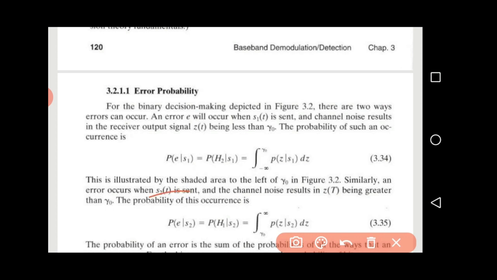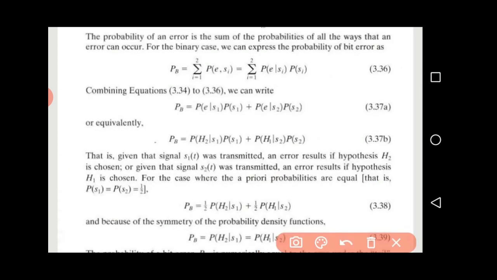Similarly, an error occurs when S2(t) is sent and the channel noise results in Z(T) being greater than gamma 0. The probability of this occurrence is P(E|S2) equal to P(H1|S2), which will be equal to the integration from gamma 0 to plus infinity of p(z|S2) dz. The probability of an error is the sum of the probabilities of all the ways that an error can occur.